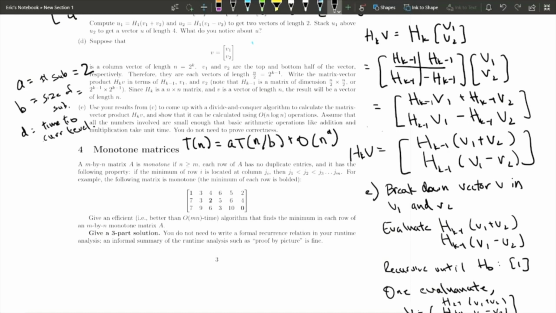For T of n over B, the size of the subproblem is broken down in half, because the size of the matrix H of K minus 1 is half of the size of the matrix H of K. So B equals 2. And then finally, what is the runtime of the current level?